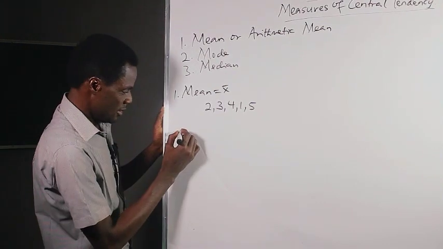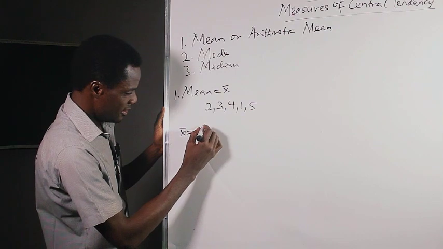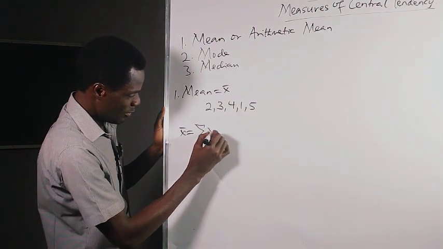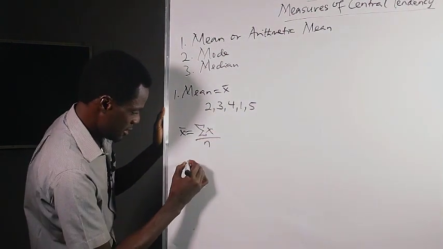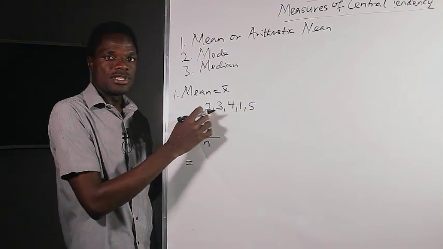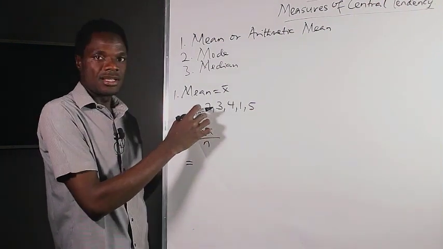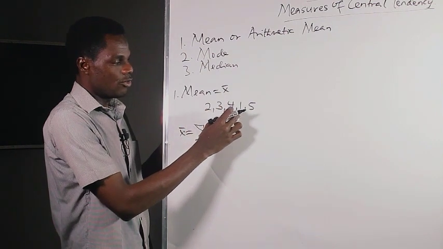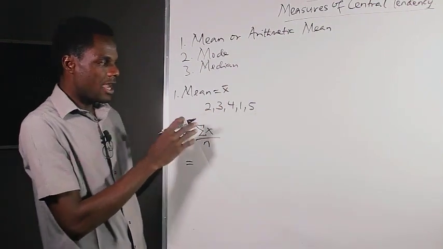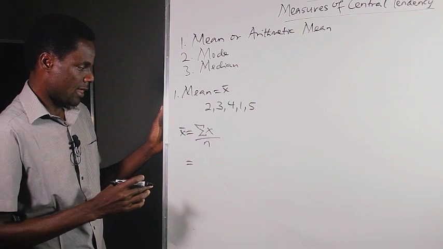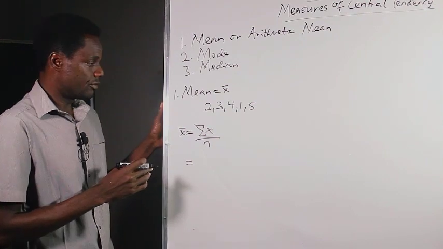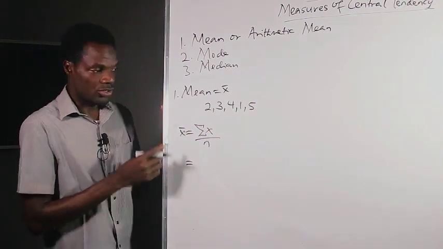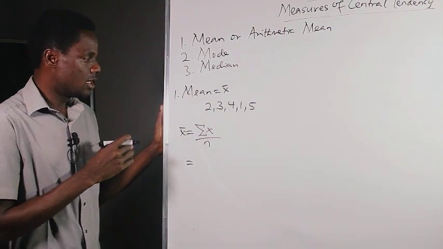Then we say mean is calculated by having the sum of X over N. Now, each item of this data is represented by X. So here we have X1, X2, X3, X4, and X5. So we have 5 items of the observation.